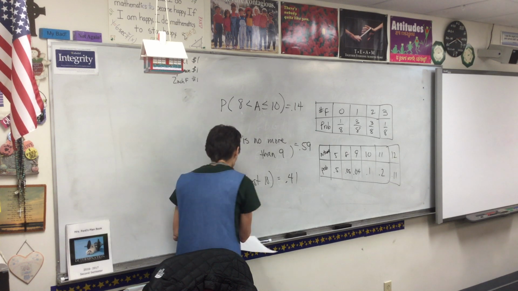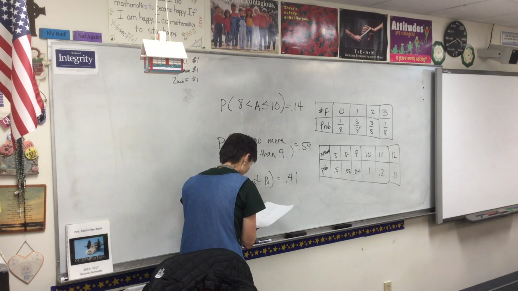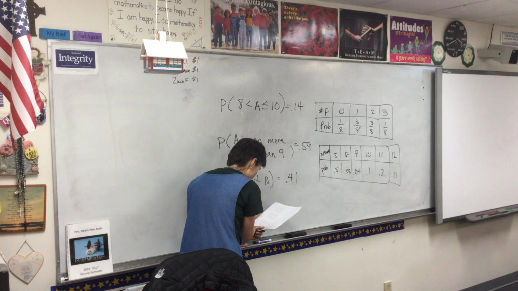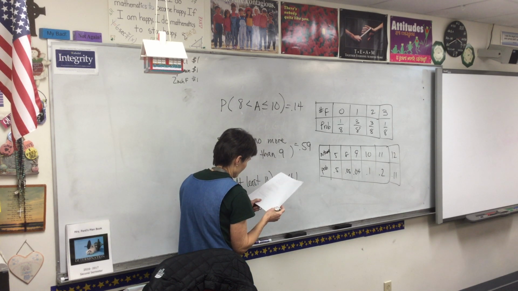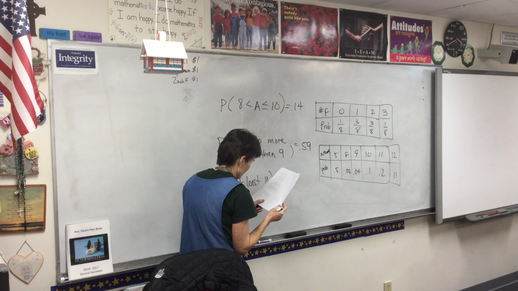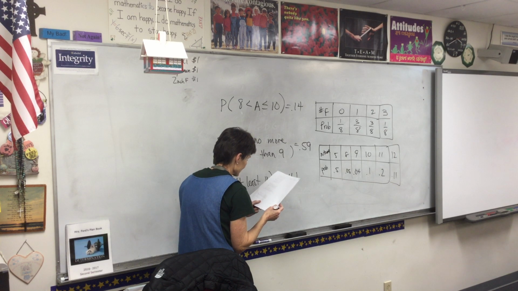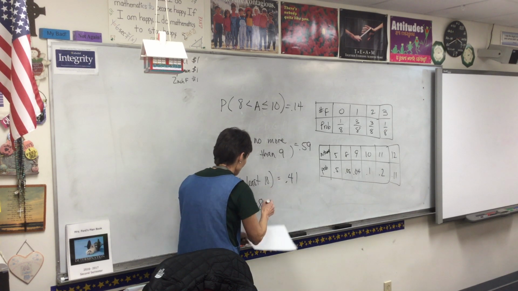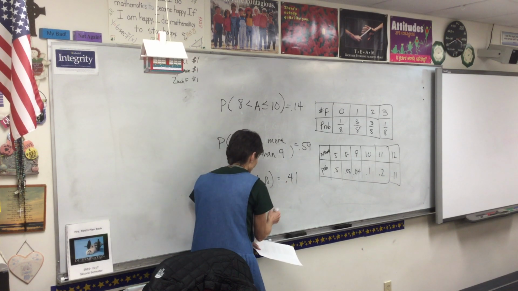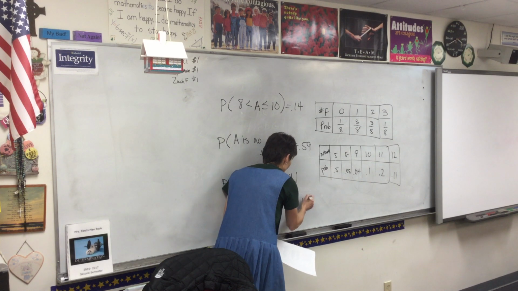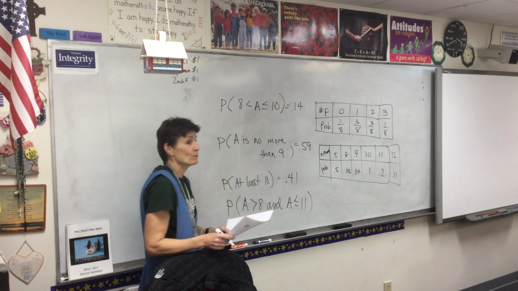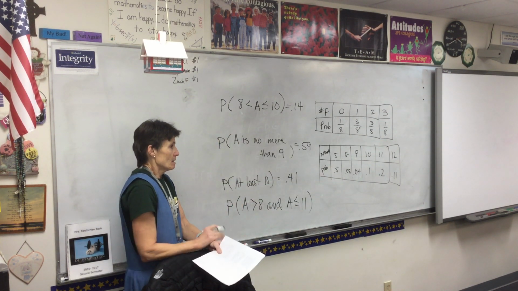Okay, last one. What's the probability that A is greater than 8 Oh, I think that's something I don't wanna do, so I'm gonna change it. A is greater than 8 and A is less than or equal to 11, so I'm rewriting that problem.